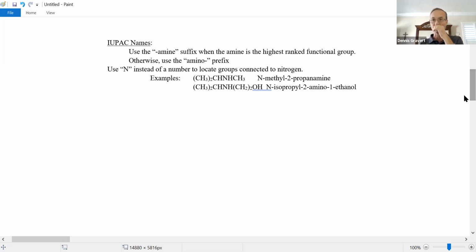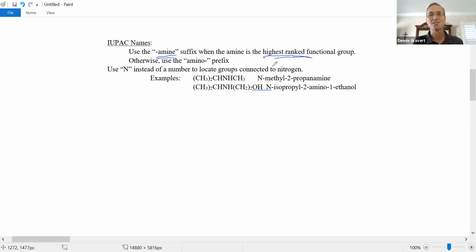Okay, IUPAC came in here and said, okay, I like the common names, so let's adapt those. Go ahead and keep using amine as a suffix anytime that means the highest ranked functional group. So amines don't contain an oxygen. Remember the general pattern for ranking functional groups? More oxygens, more pi bonds, more important.